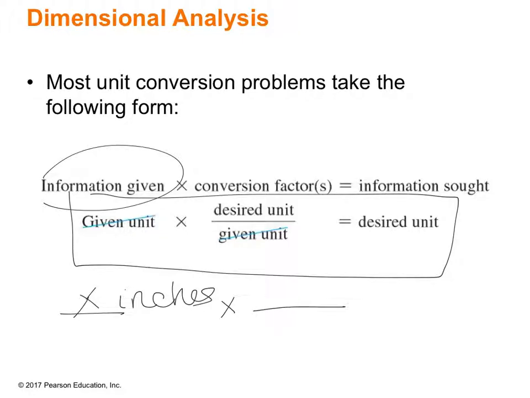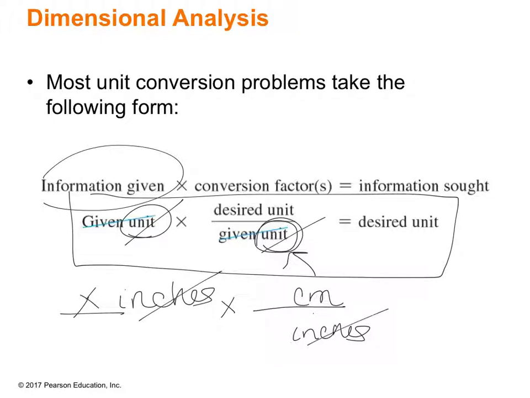You need to make sure that the units in your conversion factor in the denominator match the same units in your given information so that those units cancel out. So in this case, you would want inches on the bottom, and whatever units you're trying to get to, which let's say are centimeters, in the top. Then you cancel out the old units, and your answer will now be in the units you're looking for, which would be the units on the numerator of your conversion factor.